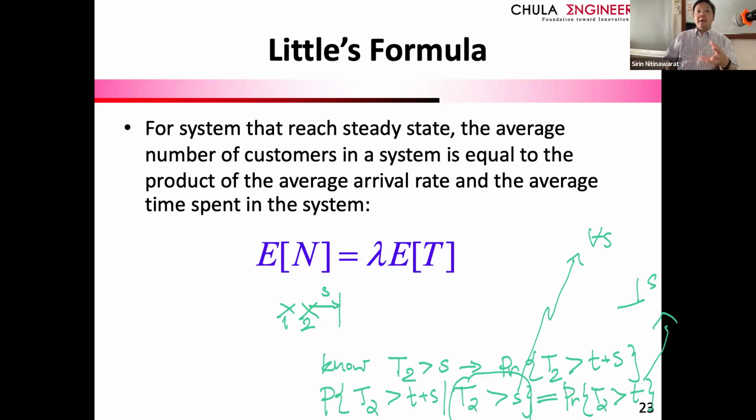But Little's formula goes a little beyond that by fully describing this relationship as a linear relation, with the coefficient being the arrival rate. So do you think the identity is believable?